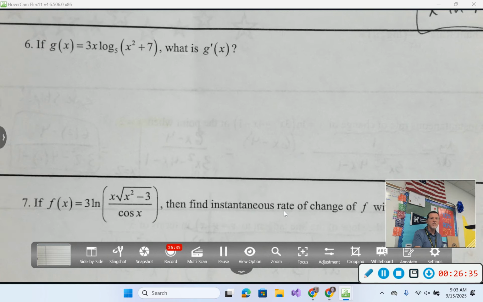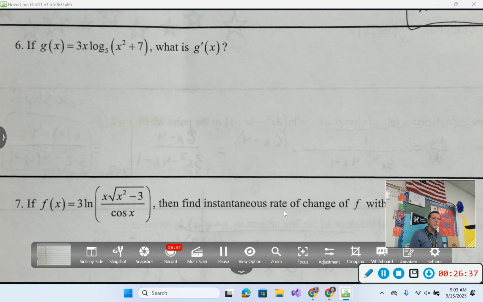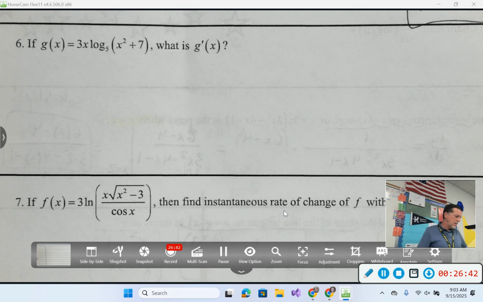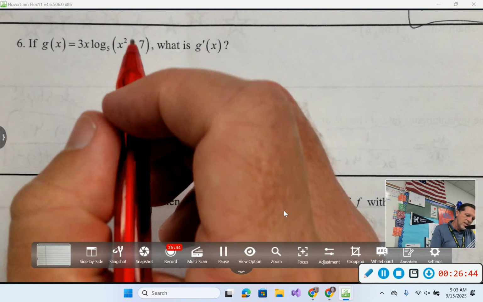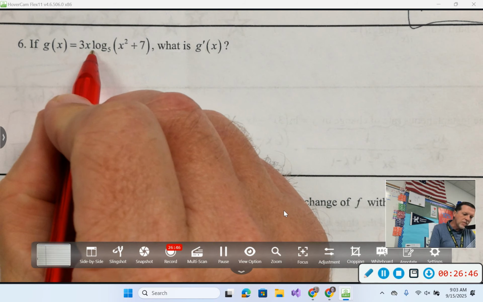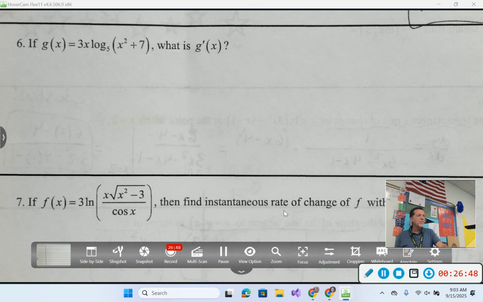Number 6. What are we going to have to do in number 6? 3x times log base 5 of x squared plus 7. What rule am I going to need for that one? Yeah, product rule.